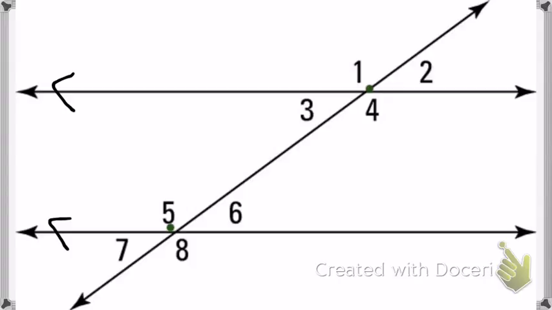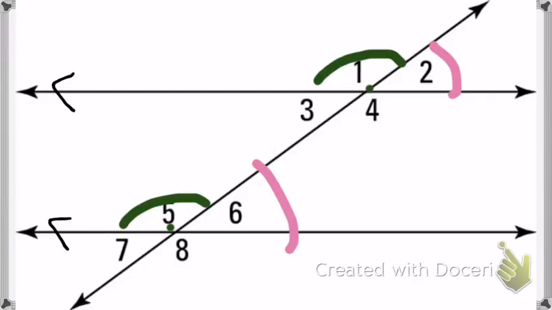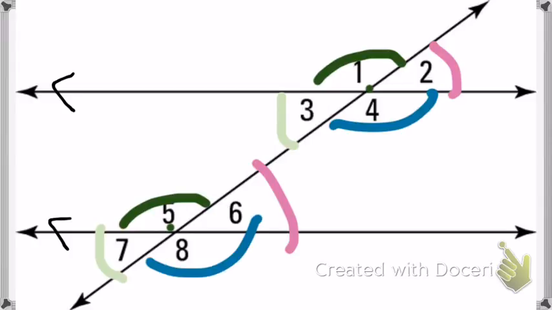We would see that angle 5 is equal to angle 1, and the same logic applies with 6 and 2, 7 and 3, and 4 and 8. Where you see the colors matching up, those are all corresponding angles.